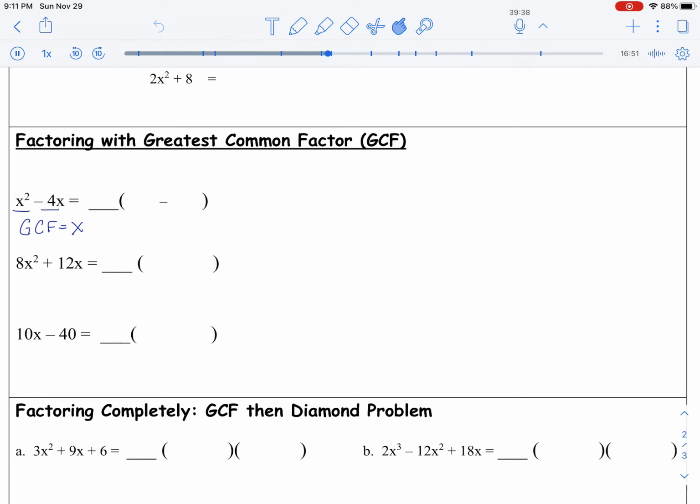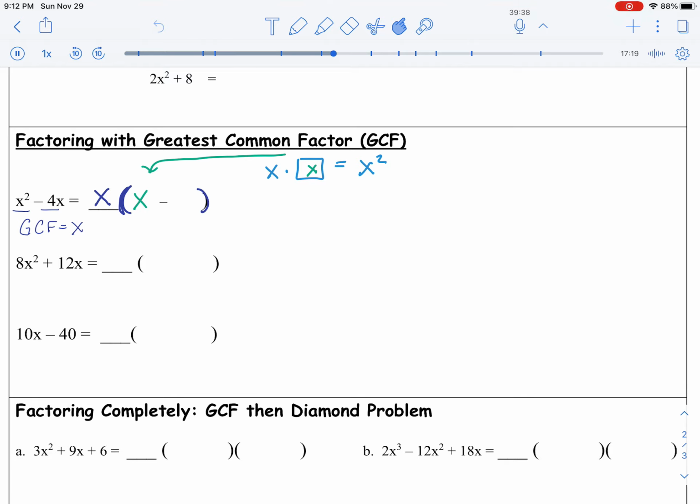So I put that x in front of my new set of parentheses. So now I need to ask myself the question, x times what equals x squared? Well, that is x. So I take my x and I rewrite it as the first term inside of my parentheses.